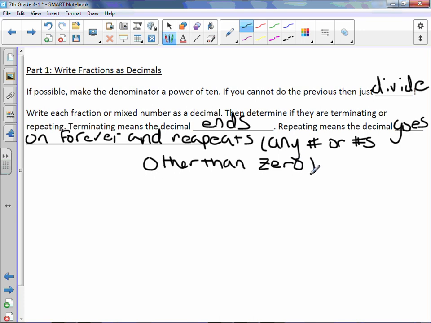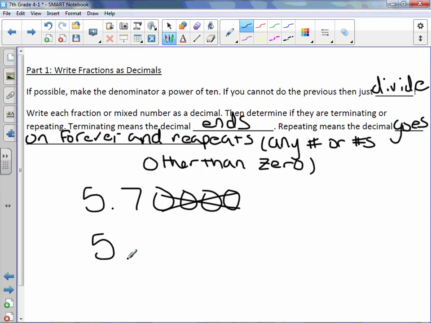So for example, 5.70 with the zeros repeating, we don't consider that a repeating decimal. We consider this a terminating decimal because those zeros are unnecessary to write. However, if I had 5.7 and the 7 continued, we would call that repeating.